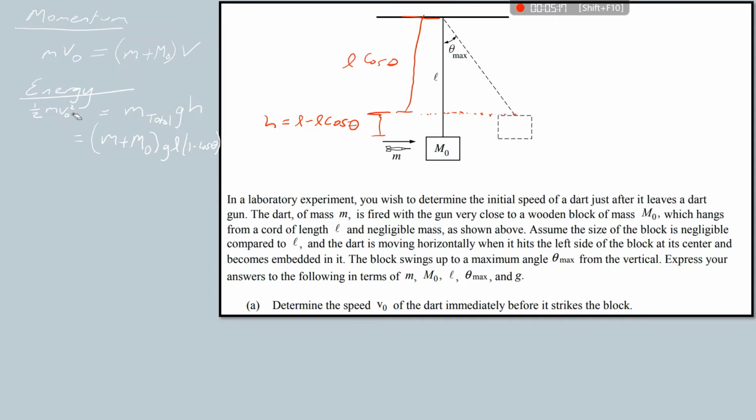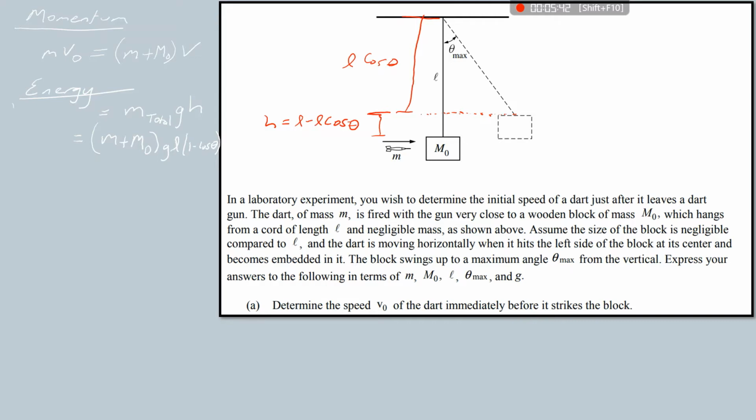So that means I need to change this side a little bit. So the moment that the dart hits the block, what would the total kinetic energy be? 1/2.